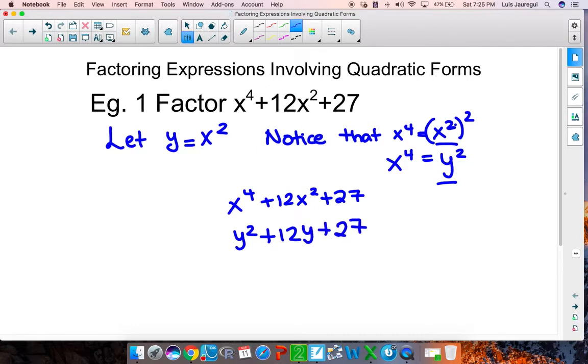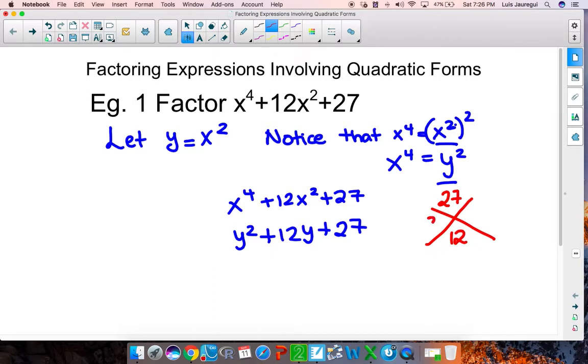Now we can go back to our previously learned methods. We can do our diamond method. We want two numbers that are factors of 27 and add up to 12.